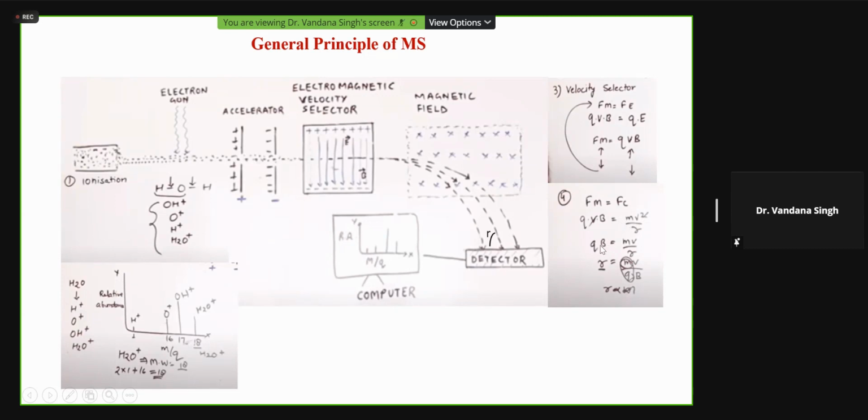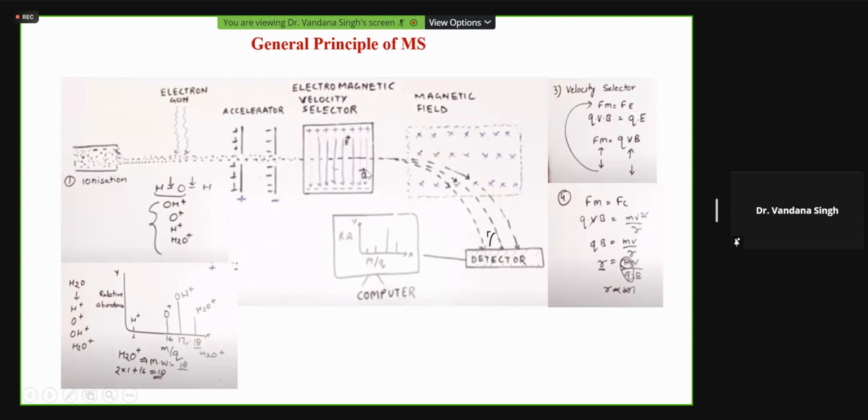So v will get cancelled, and we will get qB is equal to mv by r. Now r is equal to mv by qB. So v is the velocity, and it is a certain velocity that we have selected, and B is also the magnetic field, which is constant. So v by B is constant.